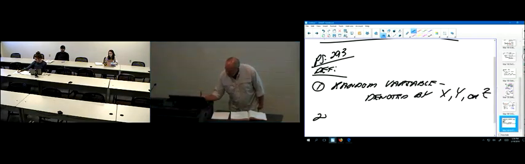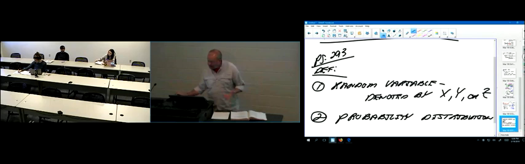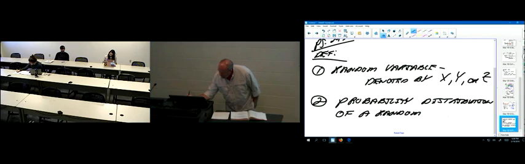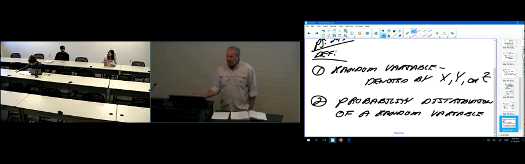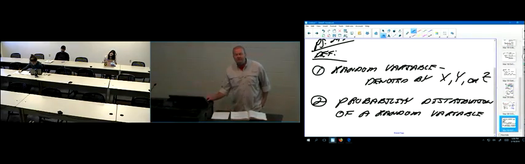And 2, the probability distribution. Now, in that little box, that's the part that's highlighted, that's the part that's in bold, but there's more to it than just probability distribution. It's probability distribution of a random variable. Remember, a random variable is this numerical outcome from a random phenomenon. So, what a probability distribution of a random variable gives you is two things.